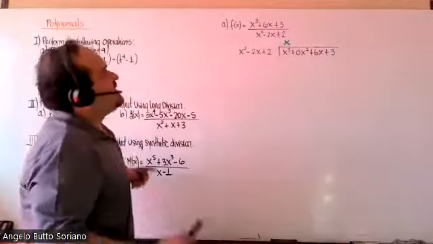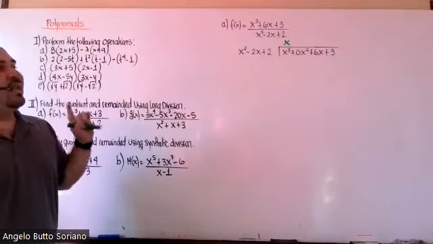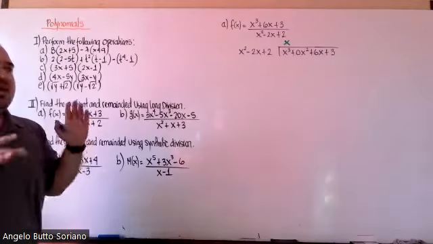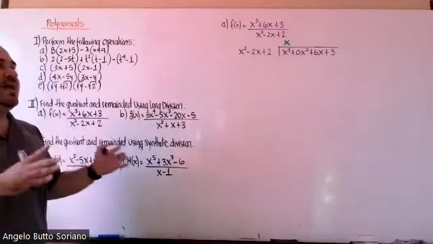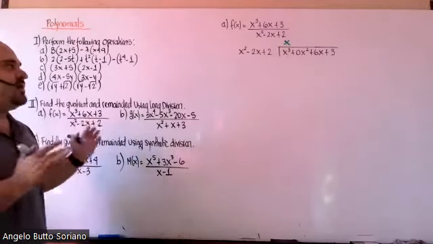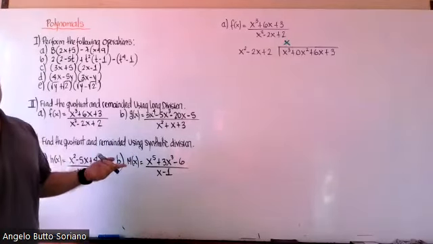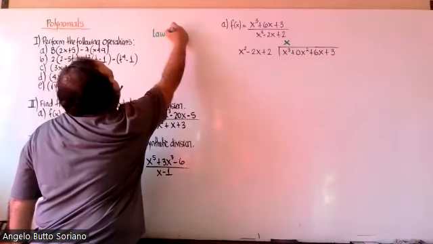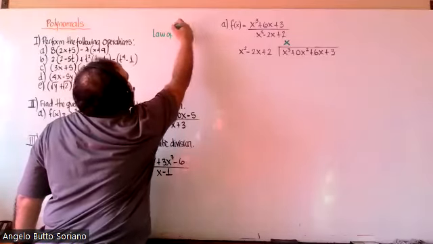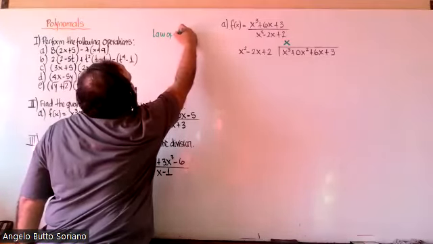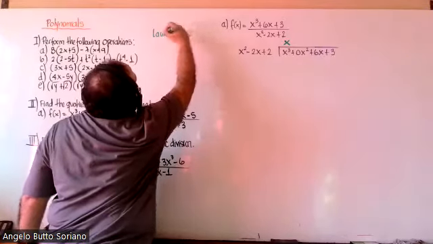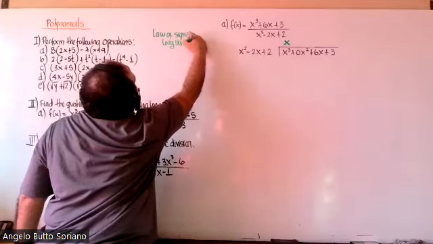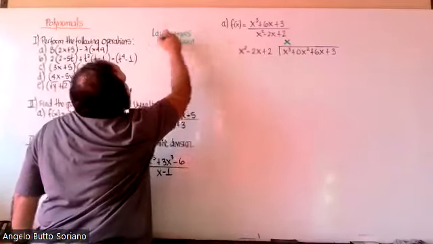And remember, in the long division, the law of signs will be opposite. You know, the regular law of signs is positive times positive is positive, negative times negative is positive, positive times negative is negative, and negative times positive is negative. In the law of signs in the division, it will be the opposite.